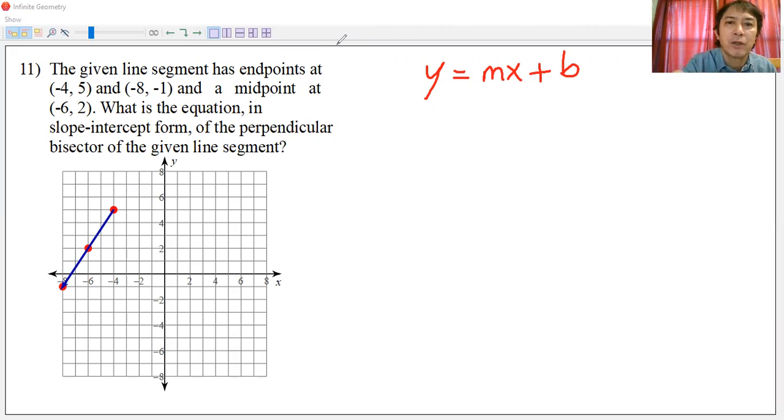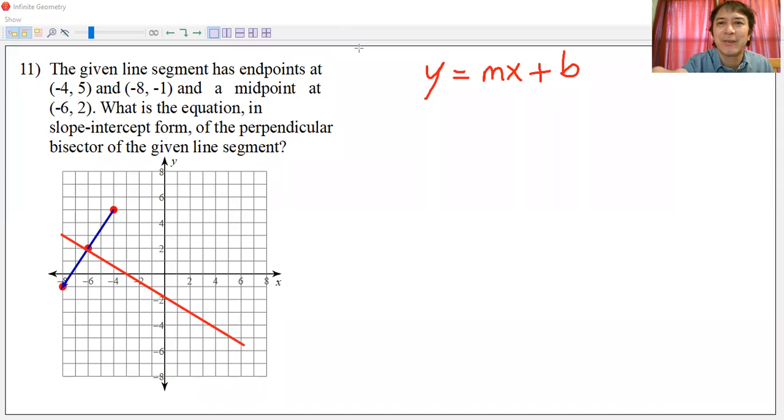We are supposed to find the equation, and it must be a line which will proceed this way, like that.